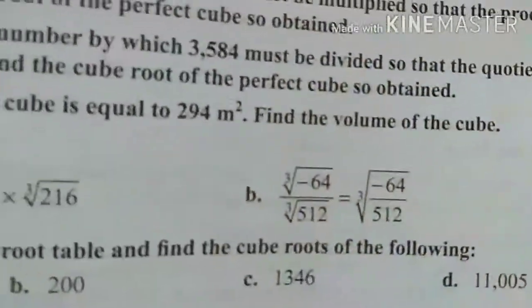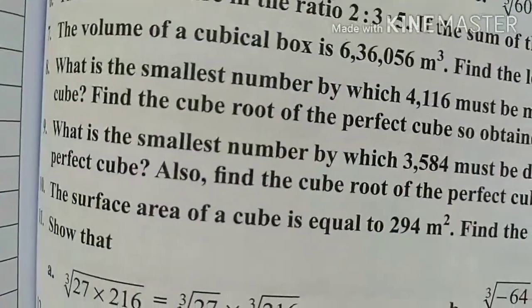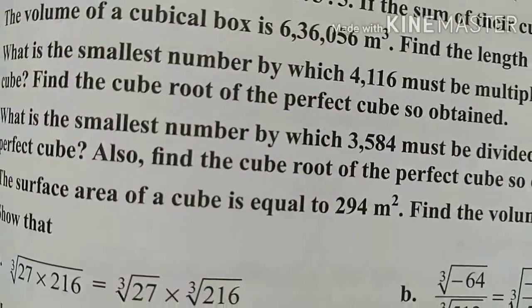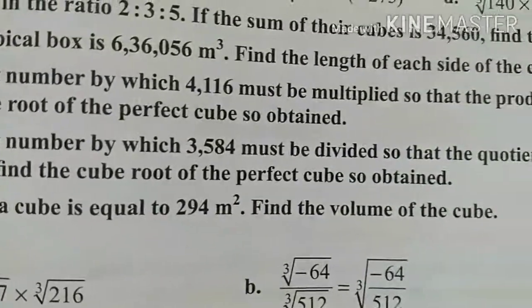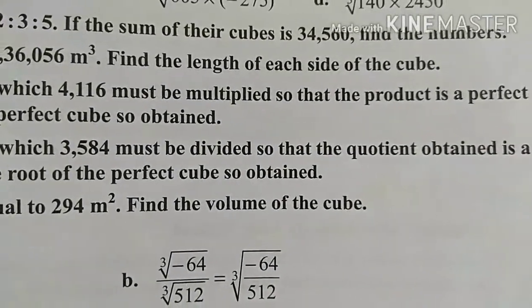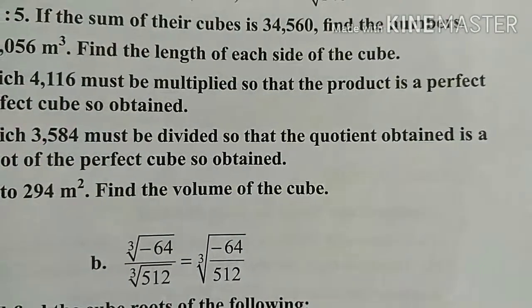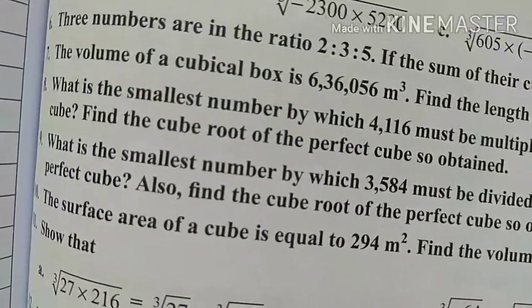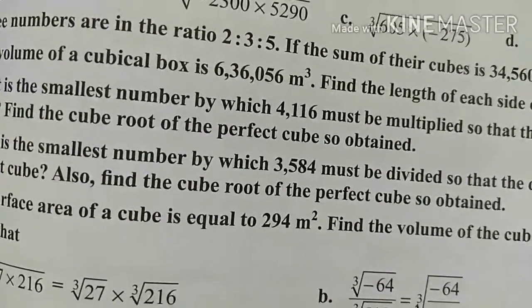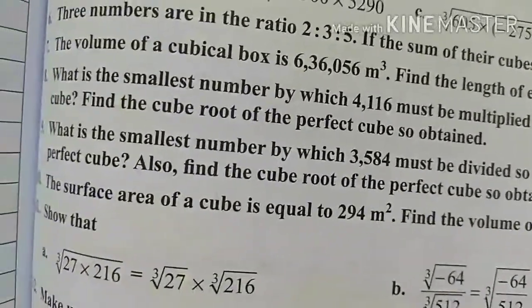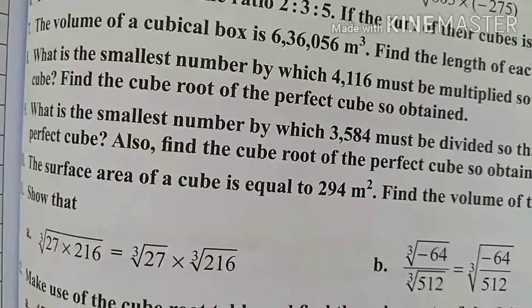Look here, question number 9. What is the smallest number by which 3,584 must be divided so that the quotient obtained is a perfect cube? Also find the cube root of the perfect cube so obtained. Same like question number 8.